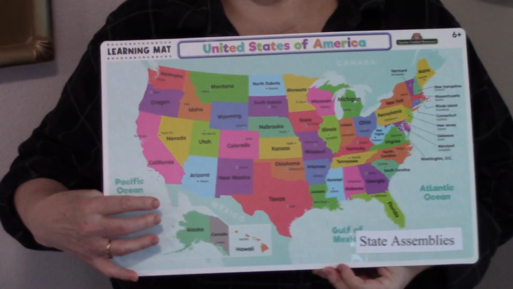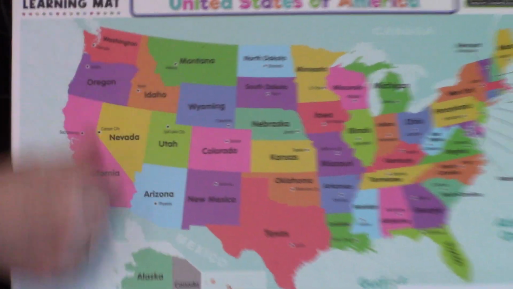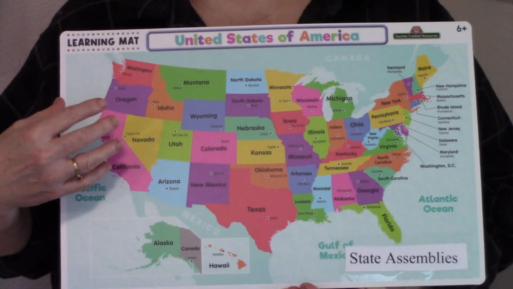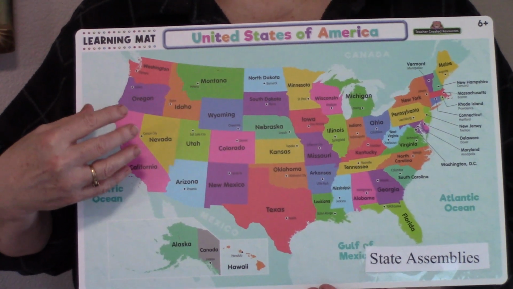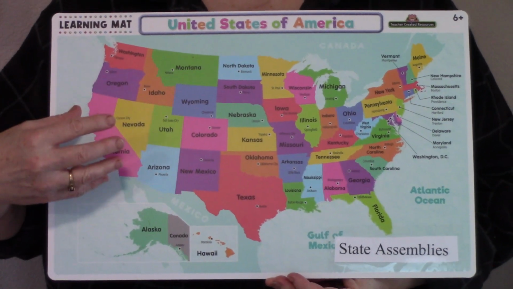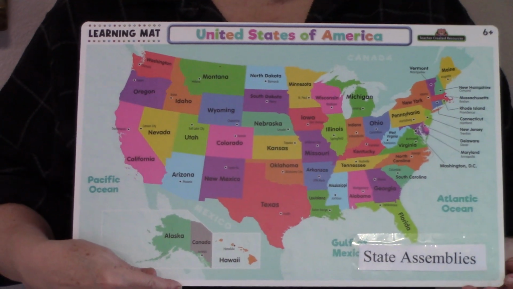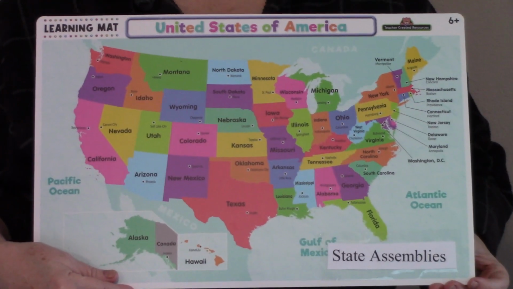All right? Remember, we have the states. These are the states we all think of, the sovereign entities that created the government for this country. And each one of these states is a nation state.